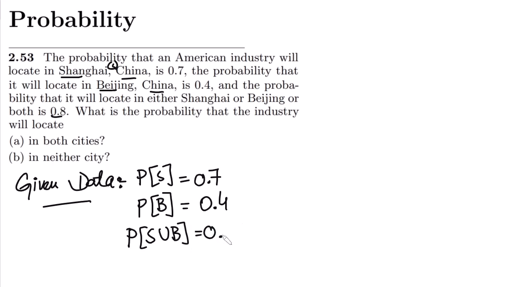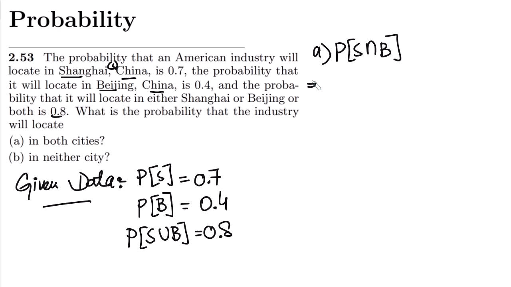Now, what is the probability that the industry will locate, part A, in both cities and in neither city? Let me solve part A here. When it has to be located in both cities, it will be the probability of S and B, Shanghai and Beijing.